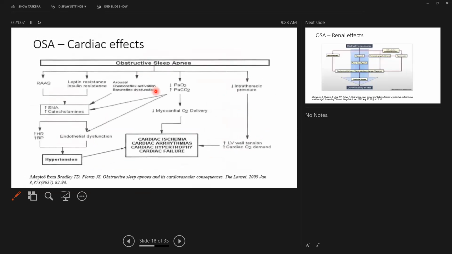Obviously, OSA has a multi-pronged effect: cardiac effects, renal effects, effects on the fat cells, everything. Generally, what we see in obstructive sleep apnea is chronic intermittent hypoxia.